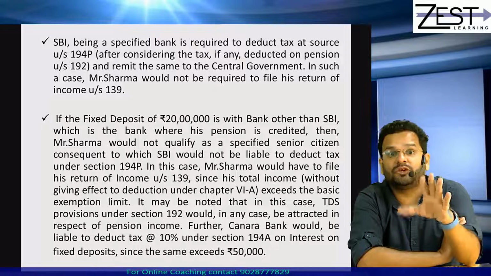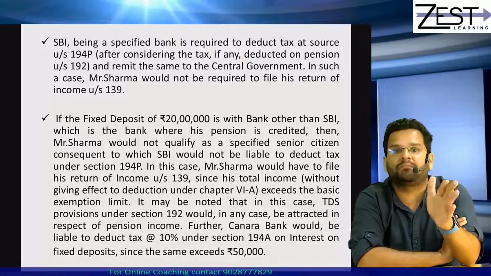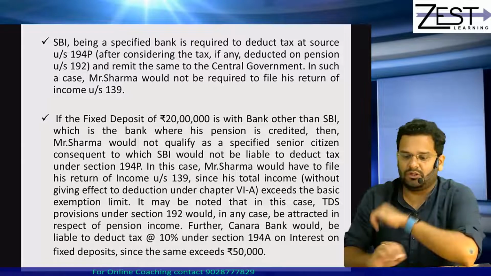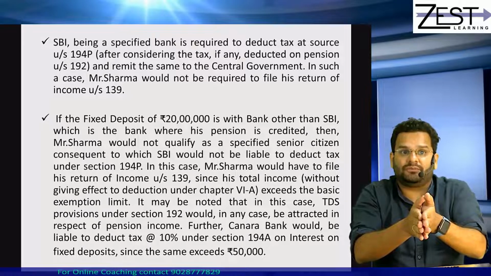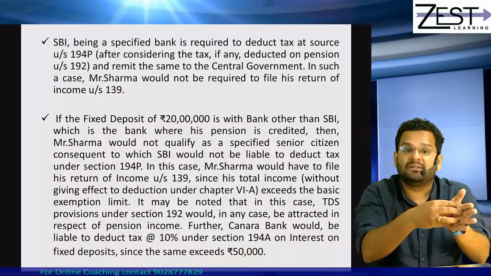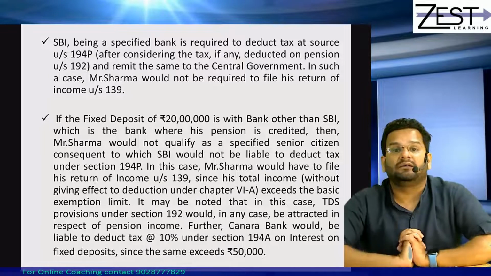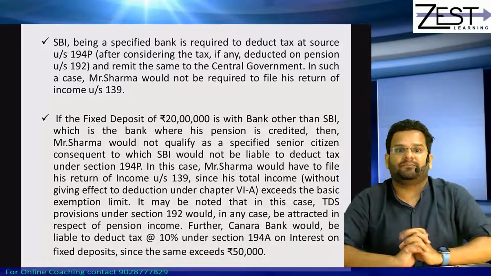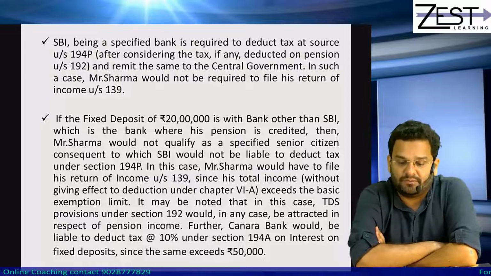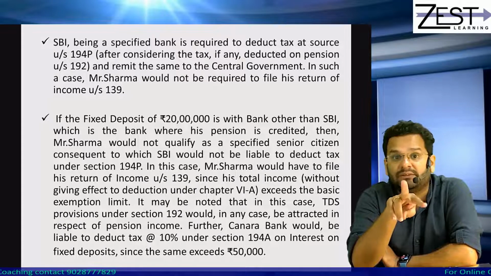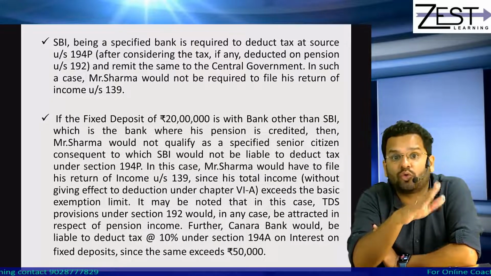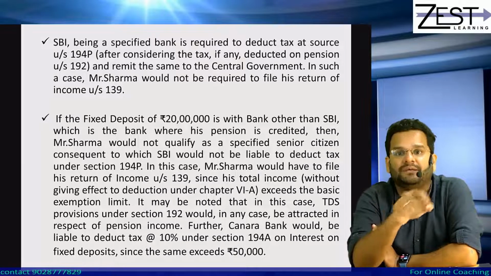Now the provision of 194P will not apply. Correct? Got the point? The bank in which his pension is there, in the same bank the FD interest should be there. Now if these both are in different banks, there is no question of 194P.